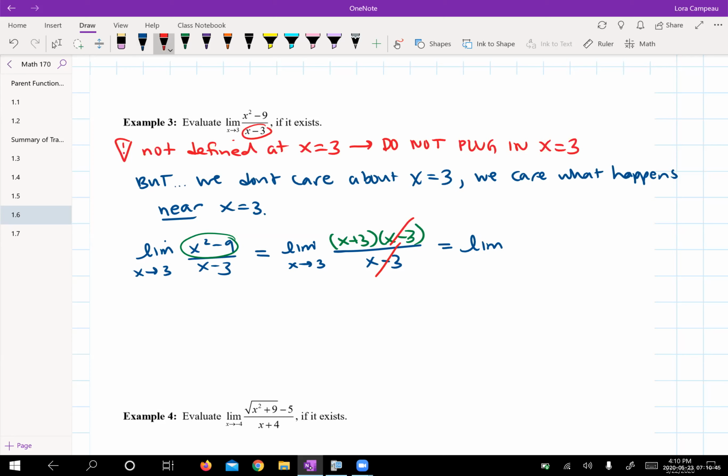It's okay to divide out since x is never equal to 3 in the domain of that rational function. That might be useful to note so we remember.